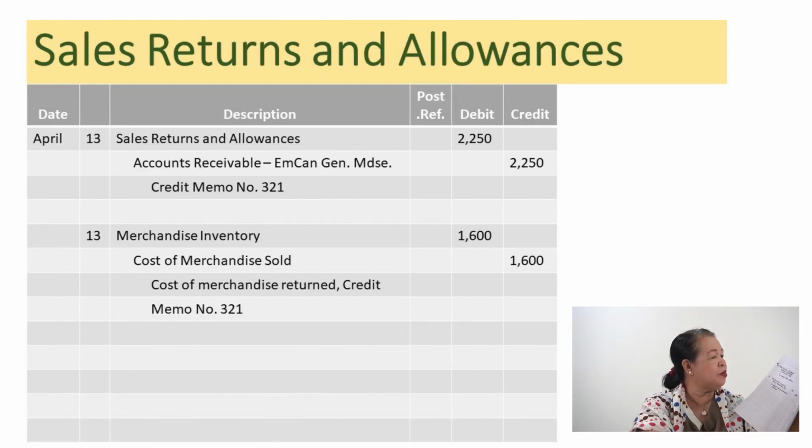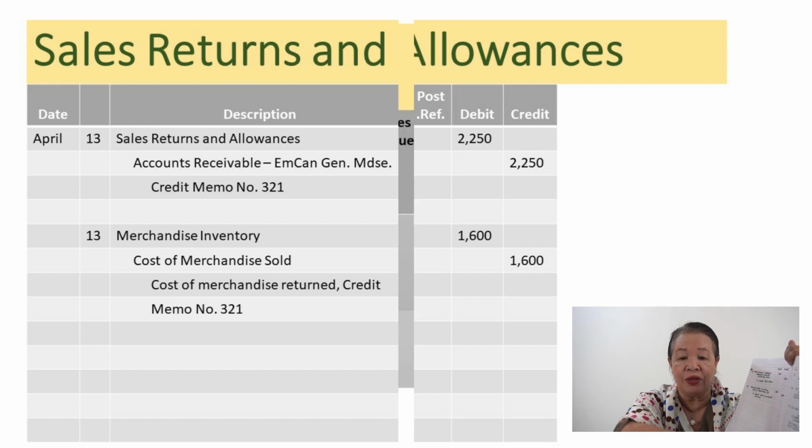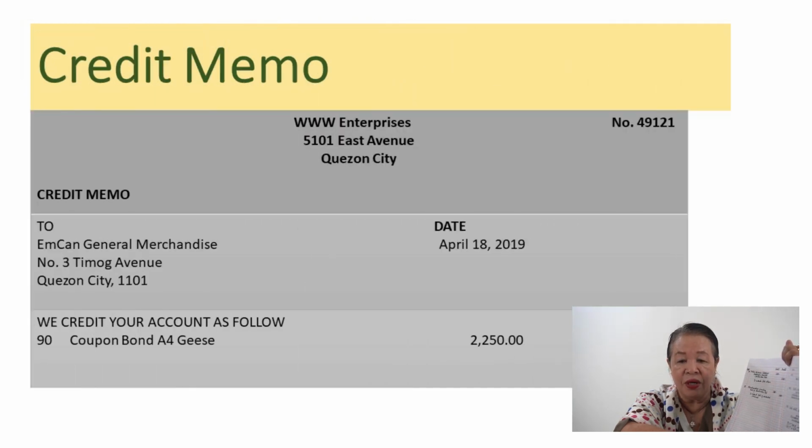So, for the month of April naman, meron tayong sales return and allowances na binalik yung sales natin, no? Yung inventory, hindi natuloy yung bentahan. So, una na gagawin po natin, magkakaroon tayo ng credit memo, no? Credit memo sa account niya na 2,250 para na-inform po yung customer.